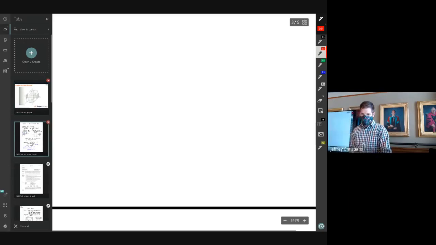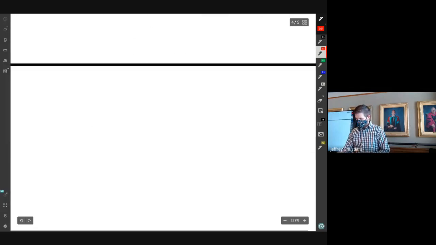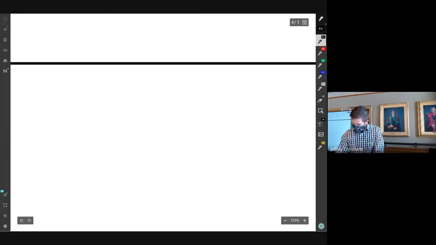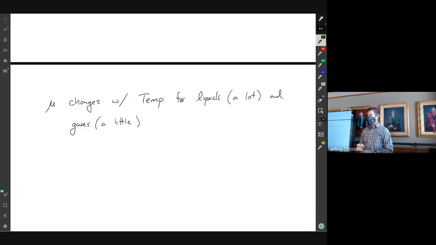The other, and this is just the last note before we end. So mu changes with temperature for liquids a lot, and gases a little.